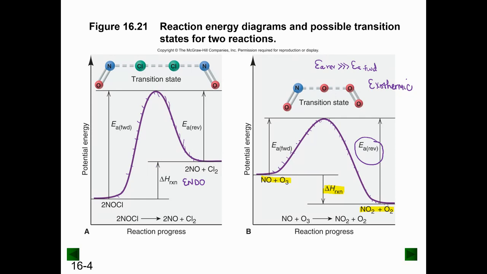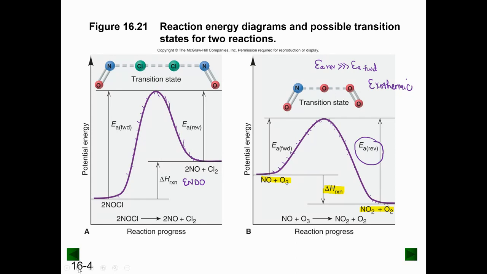So the activation energy forward is much greater than the activation energy in the reverse process for an endothermic. Heat's required there, right, to get that process. But you notice a very, very large forward activation energy because it's from here all the way up to the transition state.